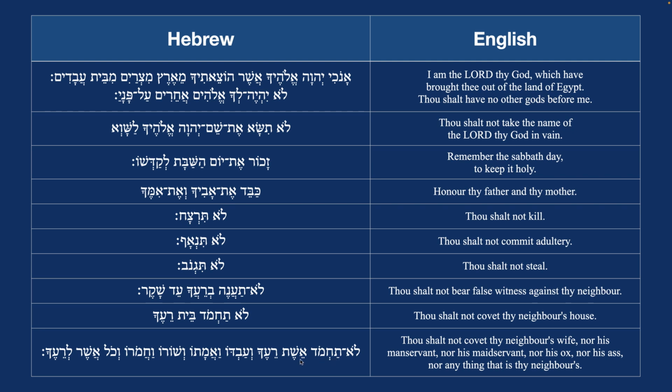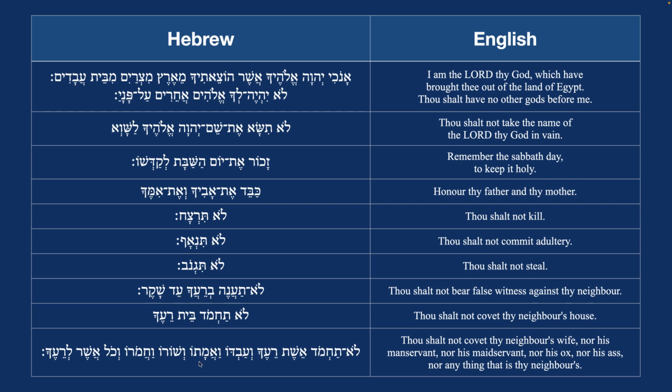Lo tachmod beit re'echa. Lo tachmod, here you see the split. Thou shalt not covet. It splits, because there is a space there in the Westminster Leningrad Codex after this one. Lo tachmod es eshet re'echa. Eshet, Isha, is a woman or a wife of re'echa, your friend or your neighbor.